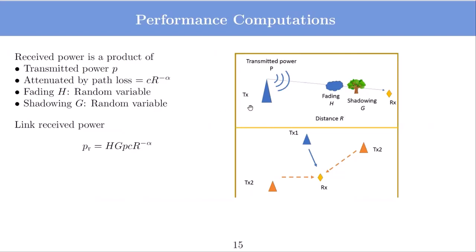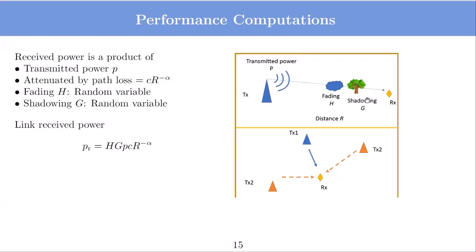Then there are other factors, for example fading and shadowing, which will further attenuate the signal. These are modeled by random variables. Let's denote fading by the random variable H and shadowing by G. There are distributions for these, based on experimental validation, and they depend on the environment and the scenario of the network.